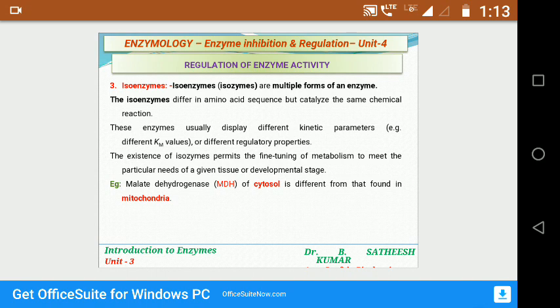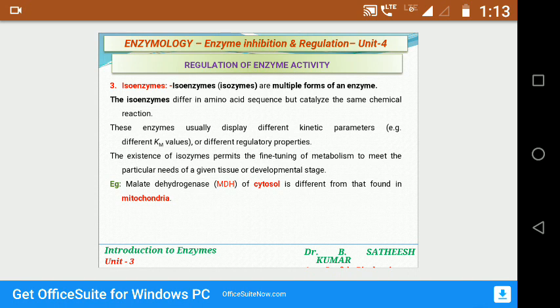Those are called isoenzymes. For example, lactate dehydrogenase converts pyruvate to lactate and lactate to pyruvate. For this enzyme, we have more than one isoenzyme. Each isoenzyme is present in different organs and carries out the same reaction under different conditions.